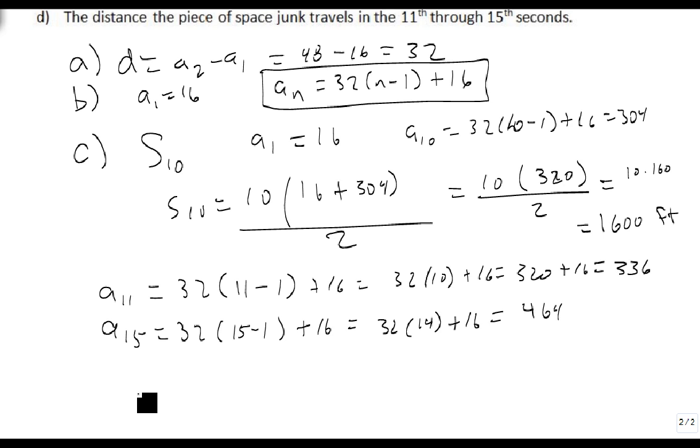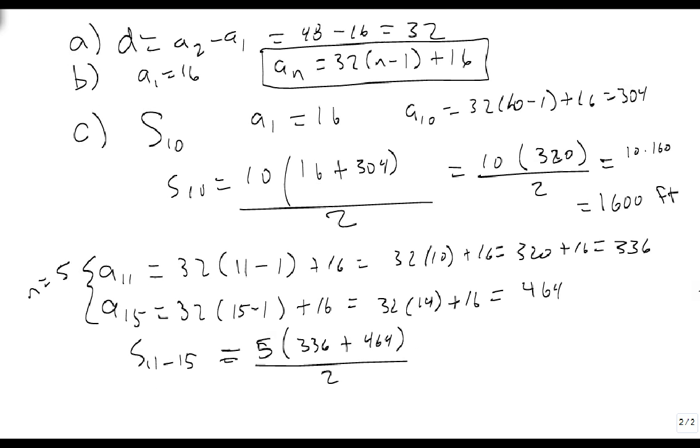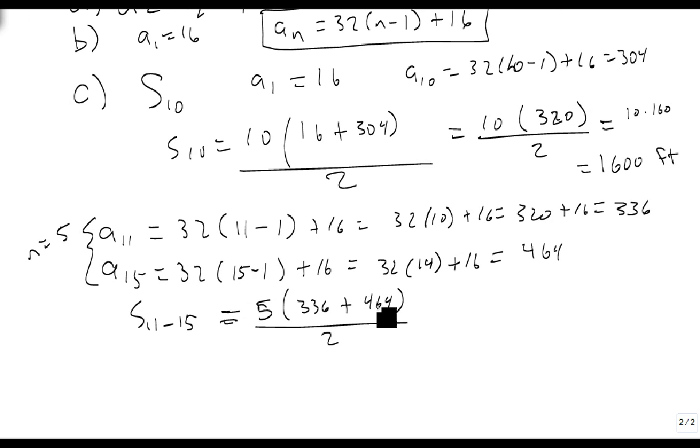And so there are 5 terms here between a11 and a15, so n equals 5, because you have to include both. And so we get that the sum from 11 to 15 is n, which is 5, times (a11 plus a15), which is 336 plus 464, divided by 2. 64 plus 36 is 100, so this is 800.